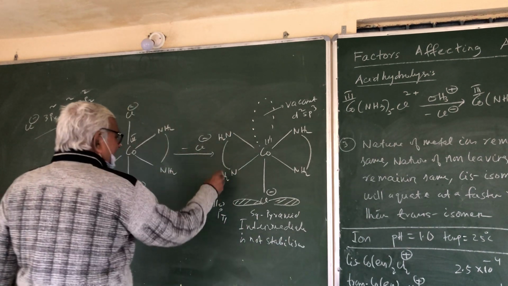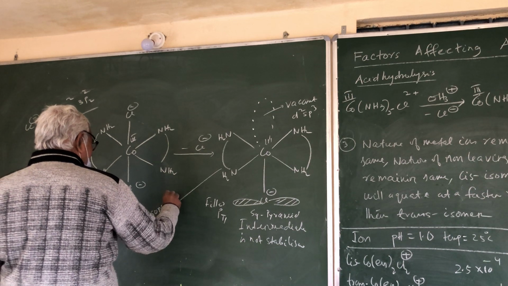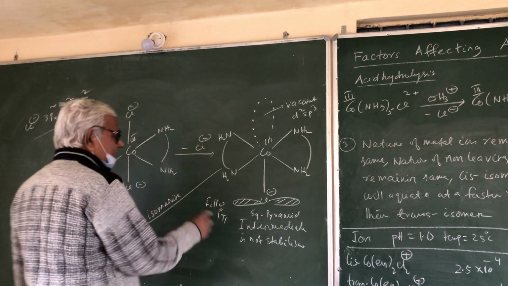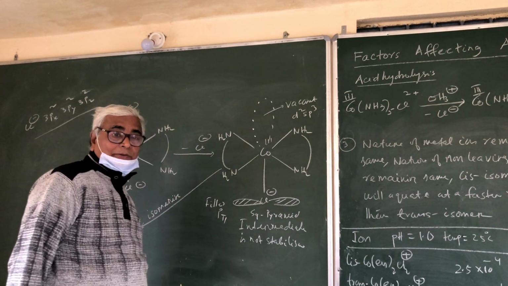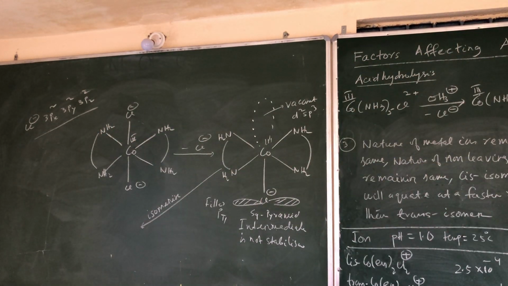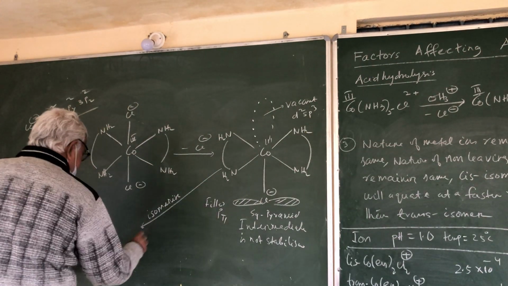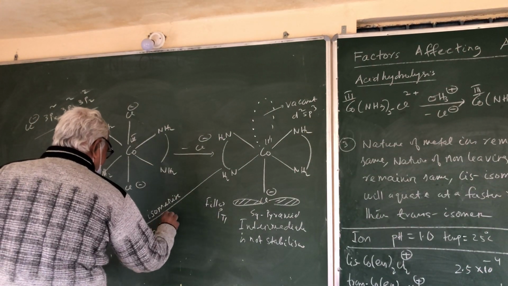So therefore, what will happen? It will isomerize to the trigonal bipyramid intermediate. But how is pi bond formation possible in the trigonal bipyramid intermediate? To TBP intermediate.